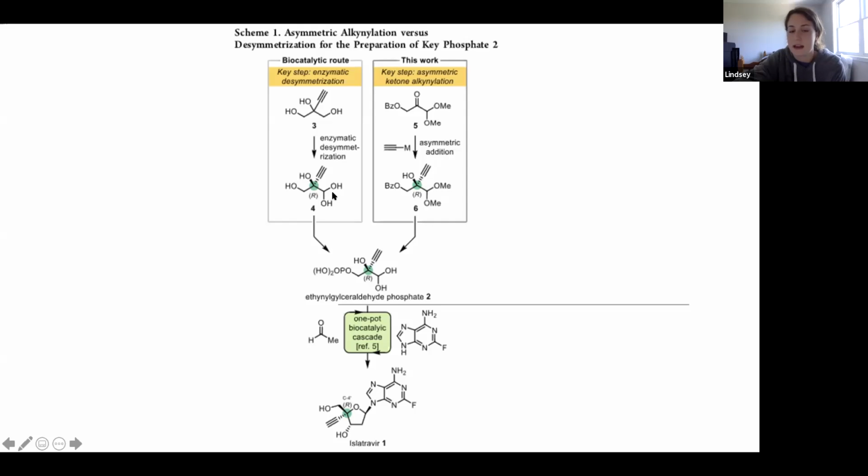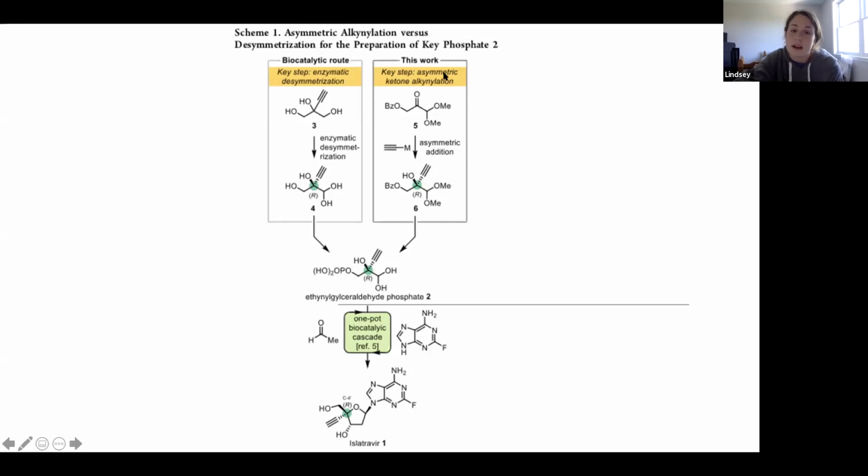It's just shown as an aldehyde hydrate for some reason. We don't know why. So this is the enzymatic desymmetrization, and then it's just the phosphorylation, which leads to compound 2. And compound 2 is the target molecule that they were trying to create another synthesis for.